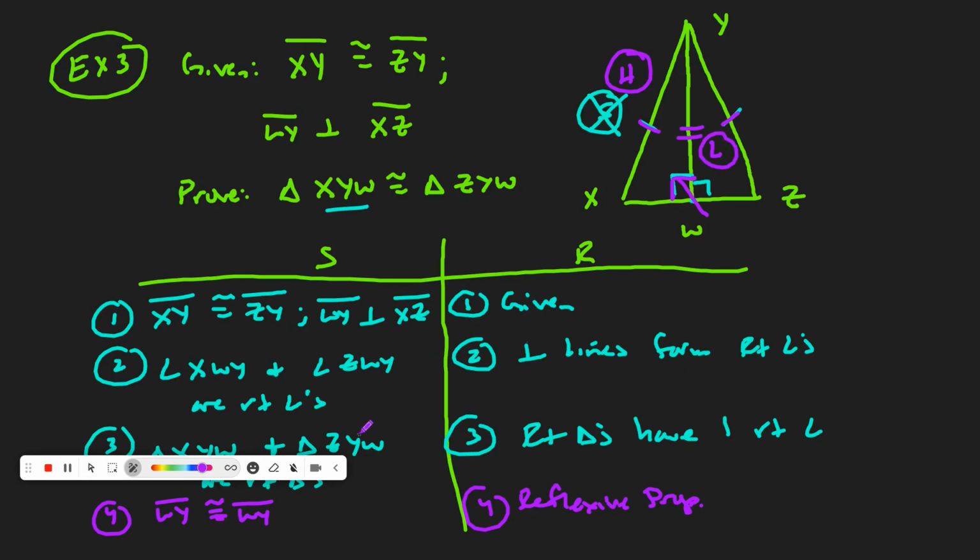We've established that we have right triangles. We have proven a pair of legs congruent. We were given the hypotenuses are congruent, so we are done. So step 5, hopefully you can see this. Triangle XYW is congruent to triangle ZYW. And again, this reason is called HL.